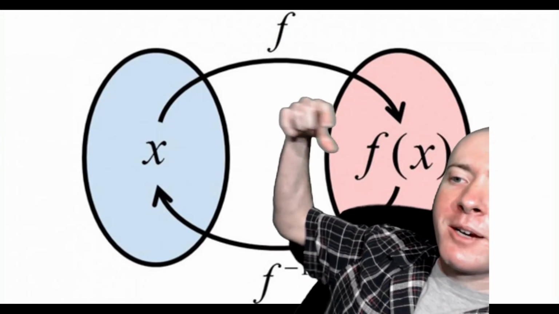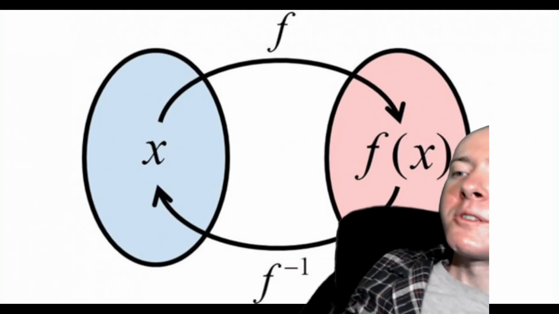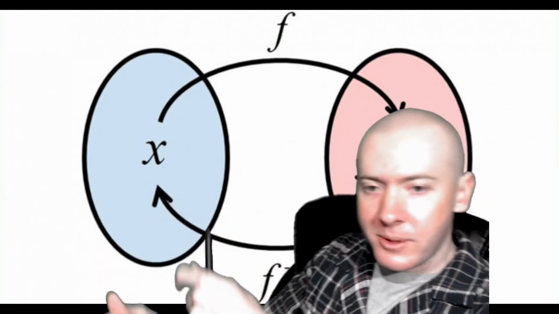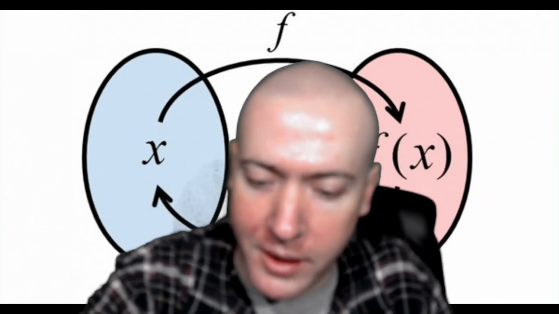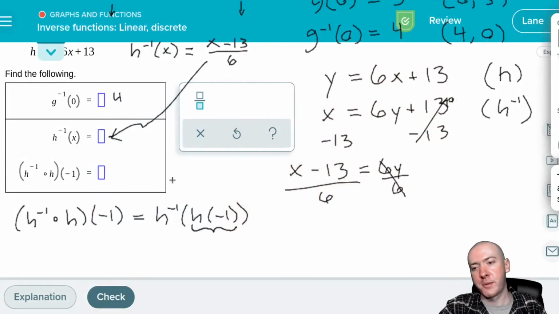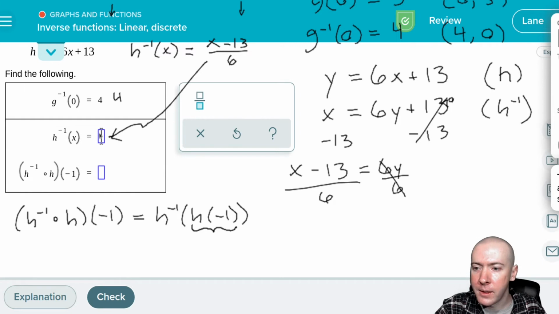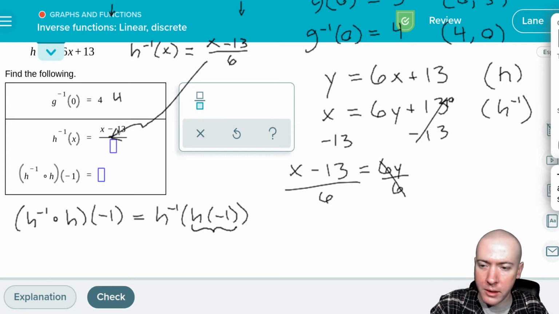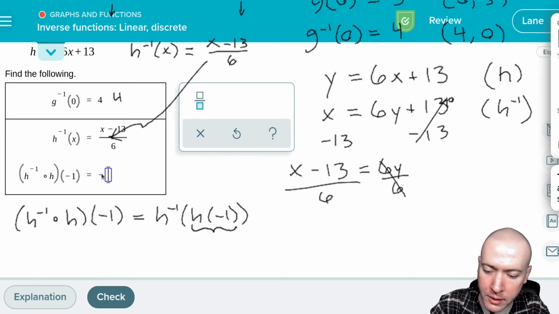Then we take that y value and plug it into the inverse function, which takes us back to that same x value, -1. So that's going to be -1. Let's plug these answers in. We've got 4, then the fraction (x minus 13) over 6, and then negative 1 down here.